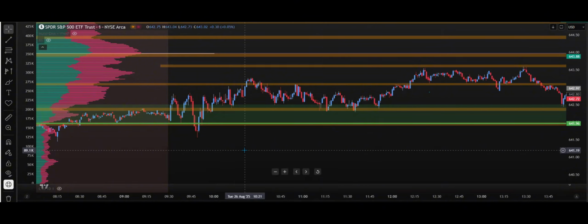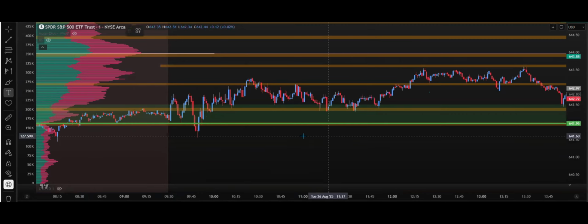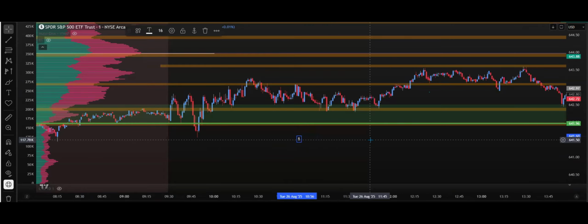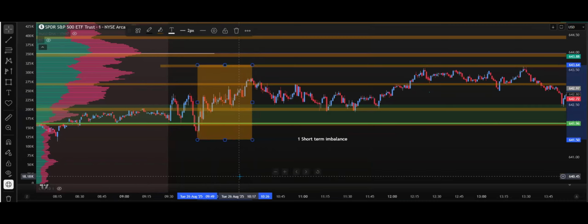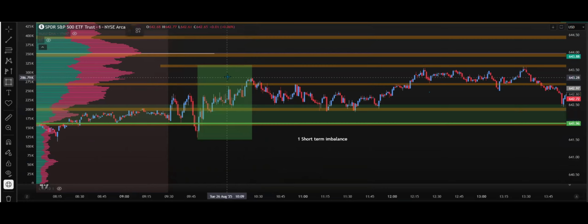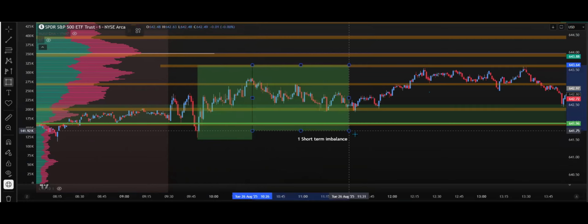There are three things that I need to actually take a trade. One is I need some kind of short-term imbalance, right? Imbalance is higher highs, lower highs, just whether buyers or sellers are winning at any given point. From here to here, you can tell there's a buy imbalance. And from here to here, you can tell there's a sell imbalance, right?